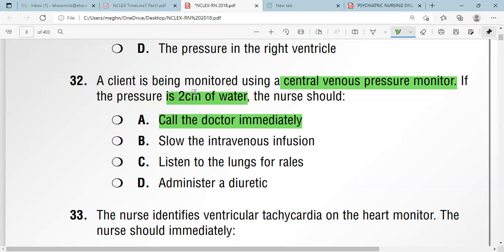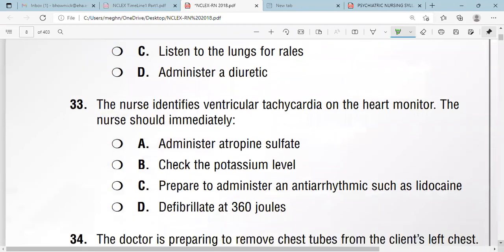So 2 is not within the normal range. A reading of 2 centimeters of water is low and should be reported. Answers B, C, and D indicate that the nurse believes the reading is too high, and they are incorrect. So, next question here.